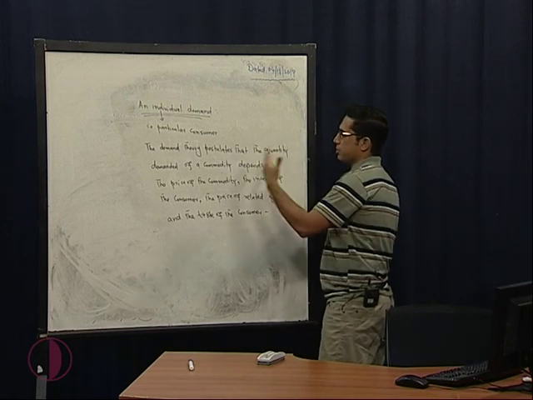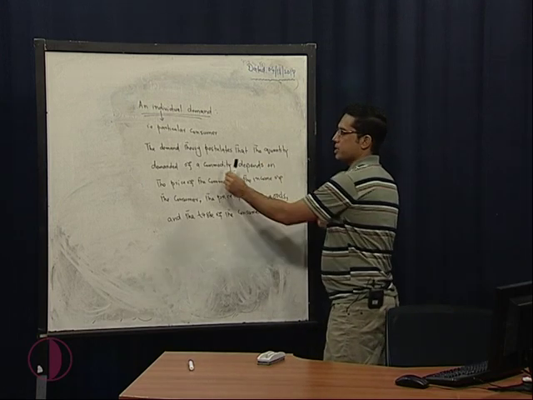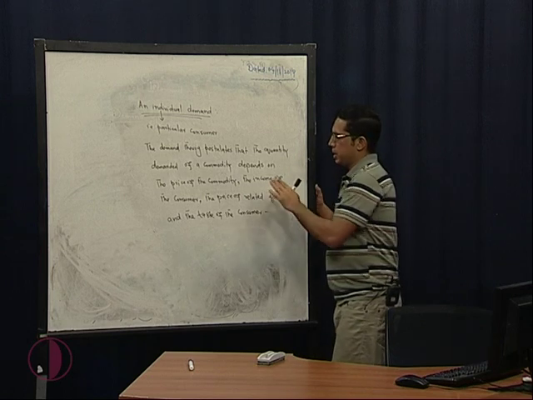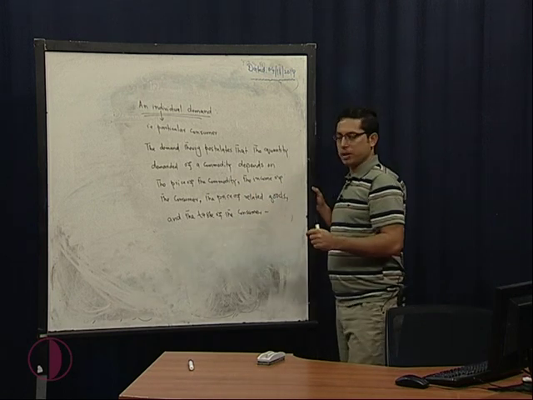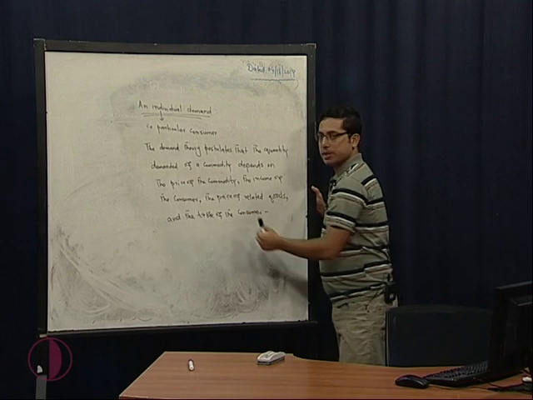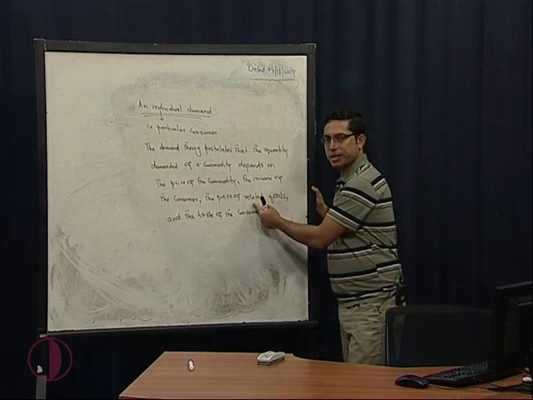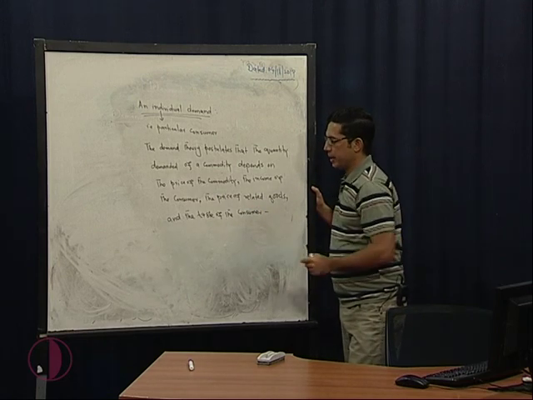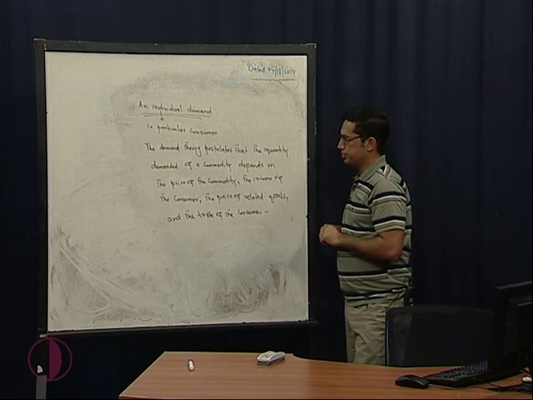According to the demand theory, quantity demanded of a commodity depends on the price of the commodity, the income of the consumer, the price of related goods, and the taste of the consumer.